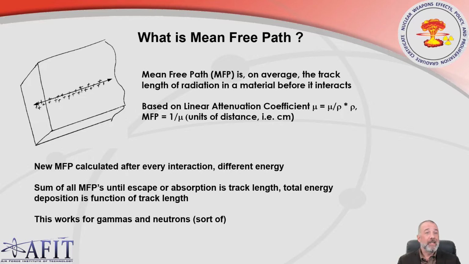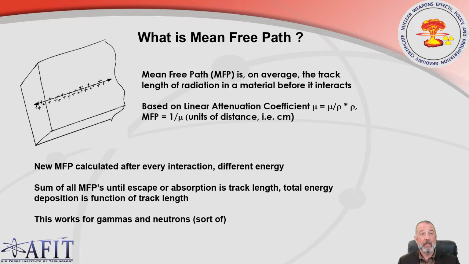Now, how far is it going to go into a material before it interacts? Well, there's something called a mean free path. Now, a mean free path is based off of that attenuation coefficient, but it's not based off the mass attenuation coefficient. It's based off of the linear attenuation coefficient. So what we have to do is take the mass attenuation coefficient and simply multiply it by the density of the material.